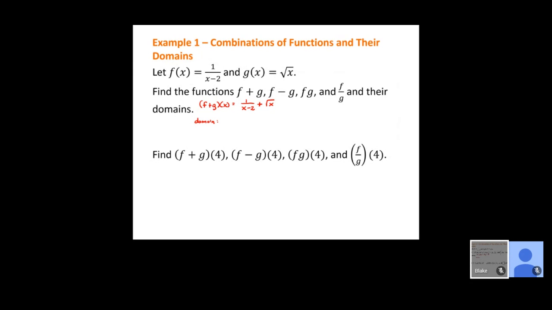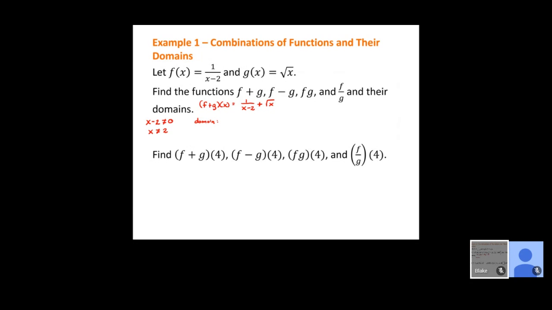We need to think about what x can't be, and in this case, the denominator can't be 0, because we have a fraction. So we would say that x minus 2 cannot be equal to 0. So what does that mean that x can't be equal to then? x can't be positive 2. Good. x cannot be equal to 2.